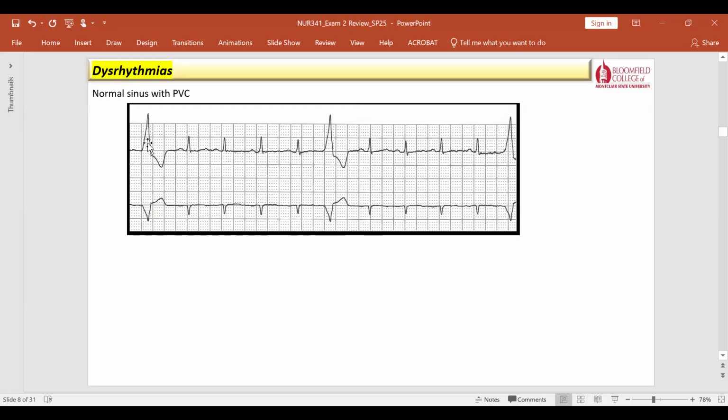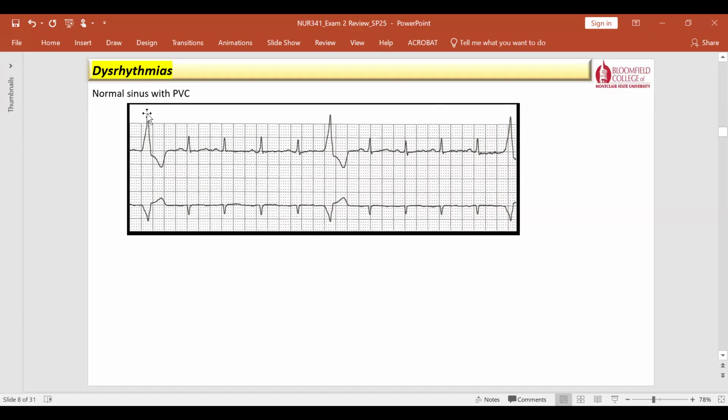Now, the PVC is much easier to identify than the PAC. With the PAC, you will find that the QRSs are within normal range and are similar to the other QRSs. The problem with PACs is that the cycle as a whole comes premature.